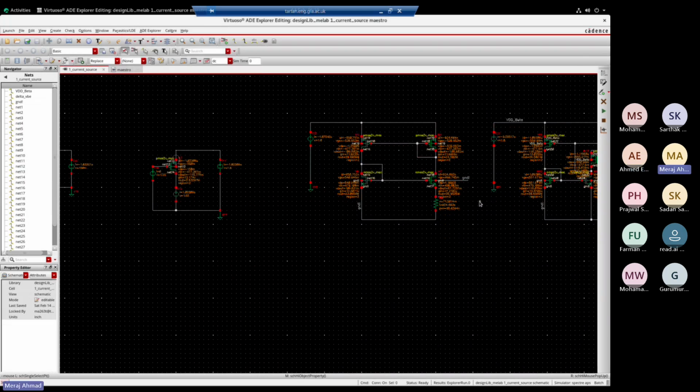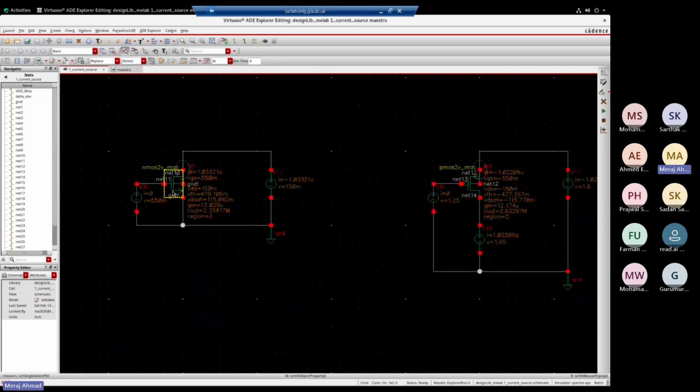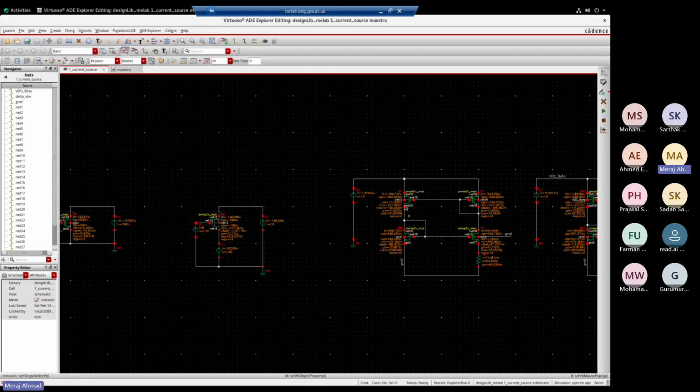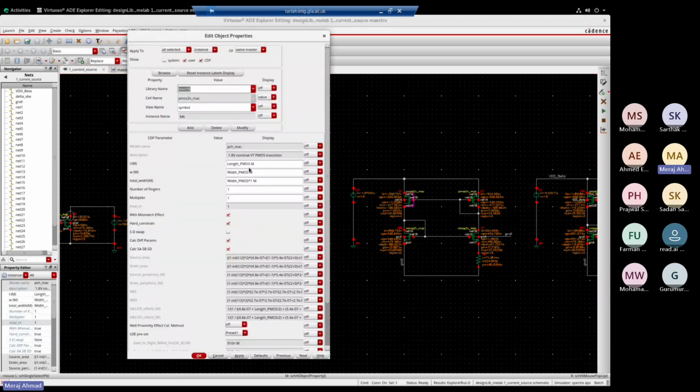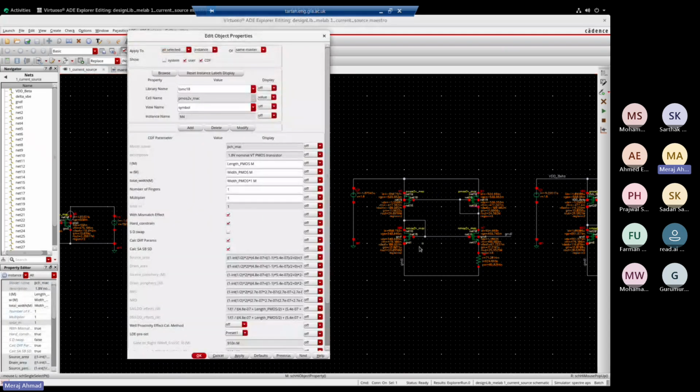Yes, 77. So what I have done is I have taken this transistor. I can show you, I have just arranged it here. This is length PMOS, length NMOS, exactly what I got from here. And I will just plug this here. This is PMOS.